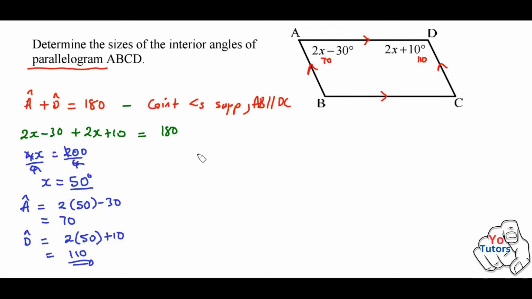So B is equal to 110. Reason: opposite angles of a parallelogram are equal.